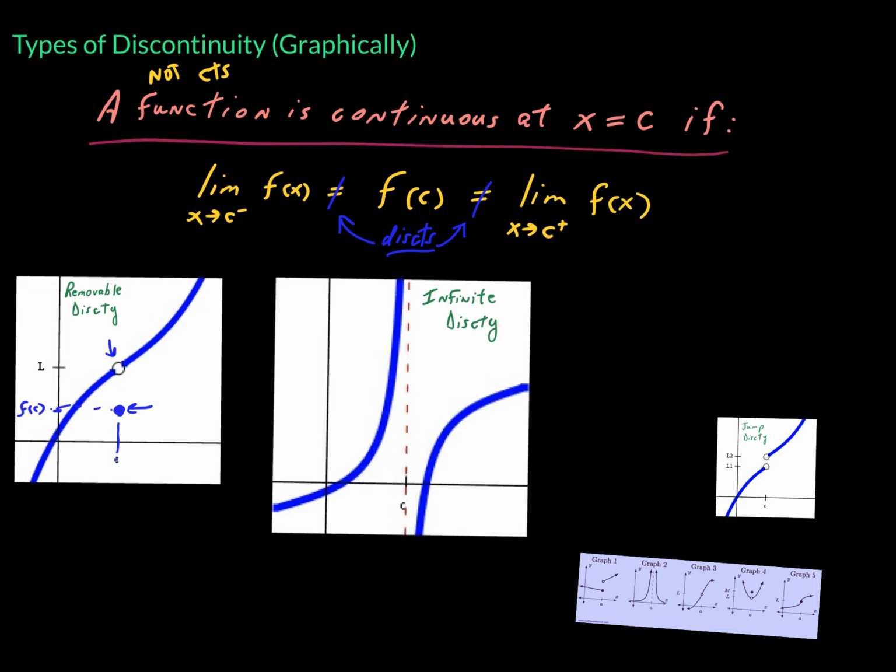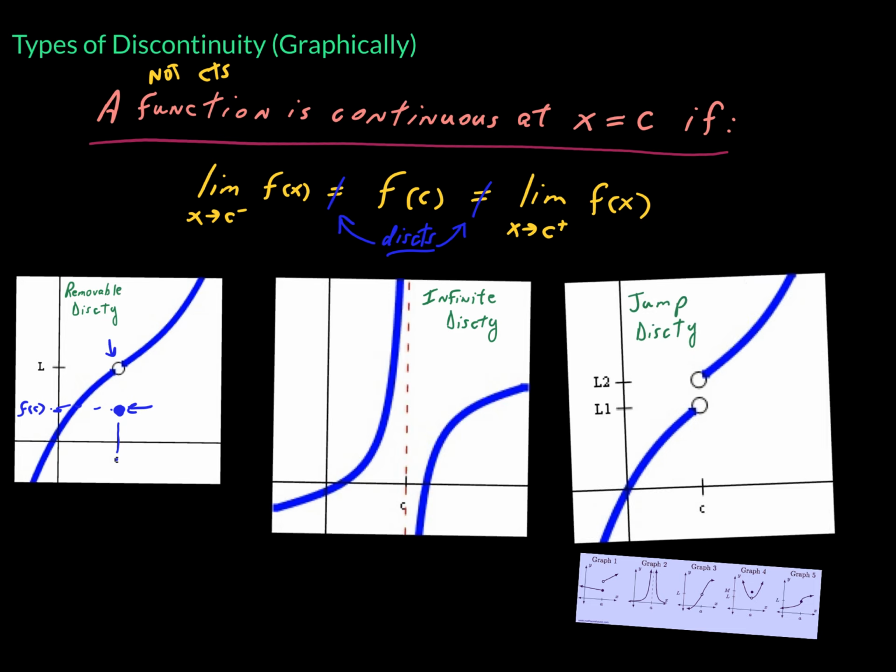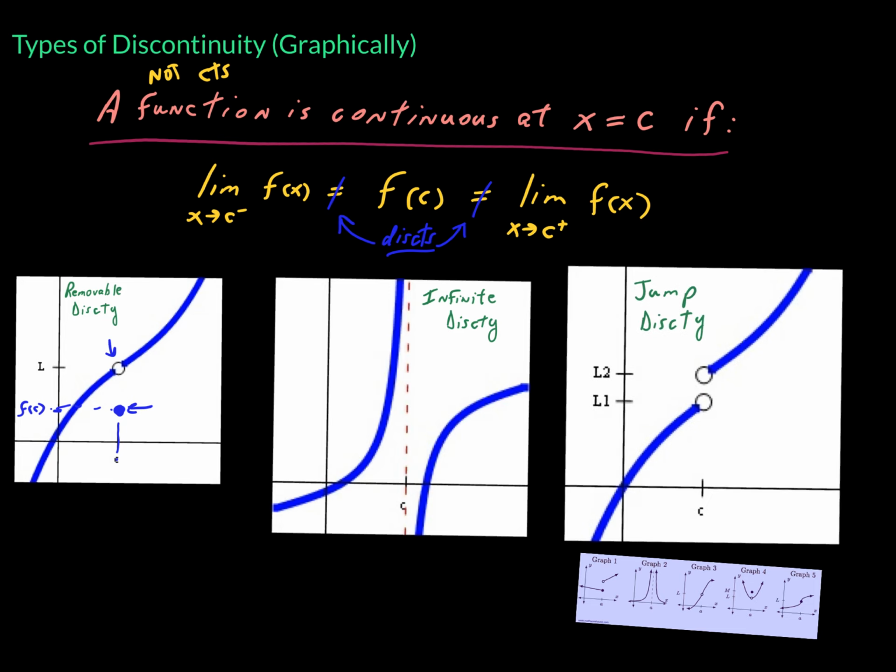All right, what's the third big type? We have something called jump discontinuity. And jump discontinuity is just what it sounds like. As you're approaching from one side, you may have a certain value, that's your y value, but as you're approaching from the right side, well, that's approaching some other random y value. So what you have is you have a jump right there, okay?